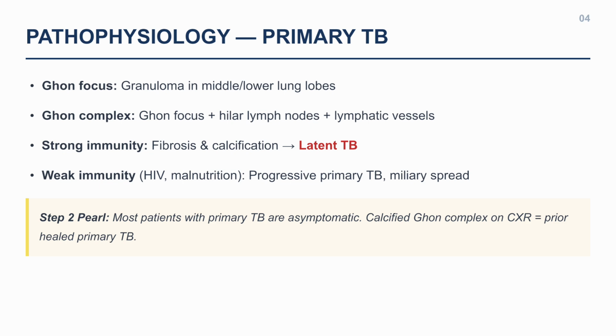In patients with weak immunity, such as HIV or malnutrition, the infection progresses to active disease with lung destruction, bacteremia, or miliary spread. Step 2 Pearl. Most patients with primary TB are asymptomatic. A calcified Ghon complex on chest X-ray simply indicates prior healed primary TB.